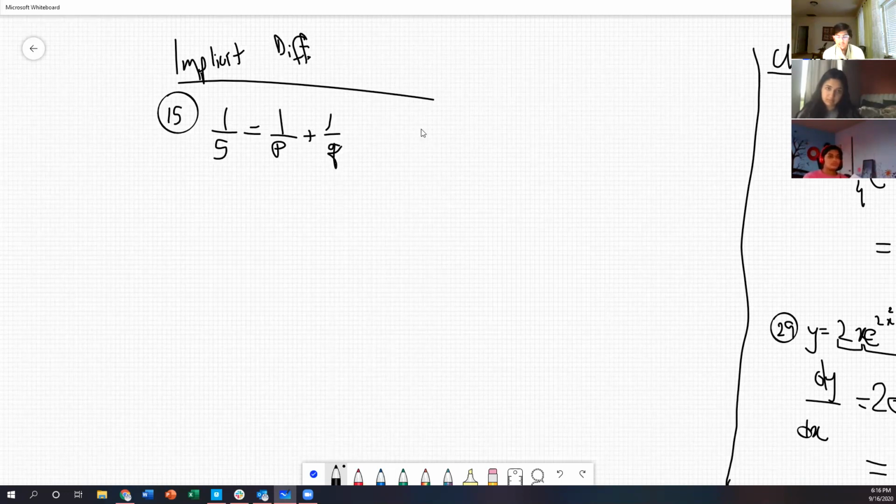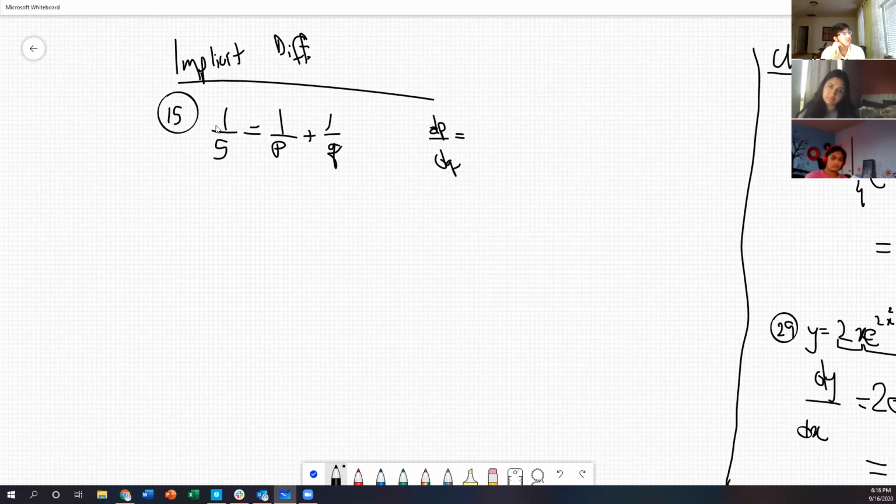We need to find dp/dq, right? So originally, I think what I tried to do was differentiate both sides, but no matter what you do, it doesn't end up working.